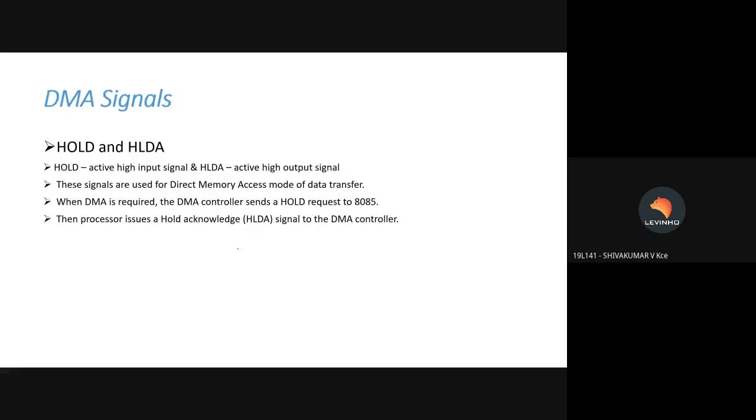After the HLDA acknowledge signal is given to the DMA controller, all the control bus, data bus, and the address bus are given to the DMA controller. Only after completing the DMA operation, the buses are given back to the processor.